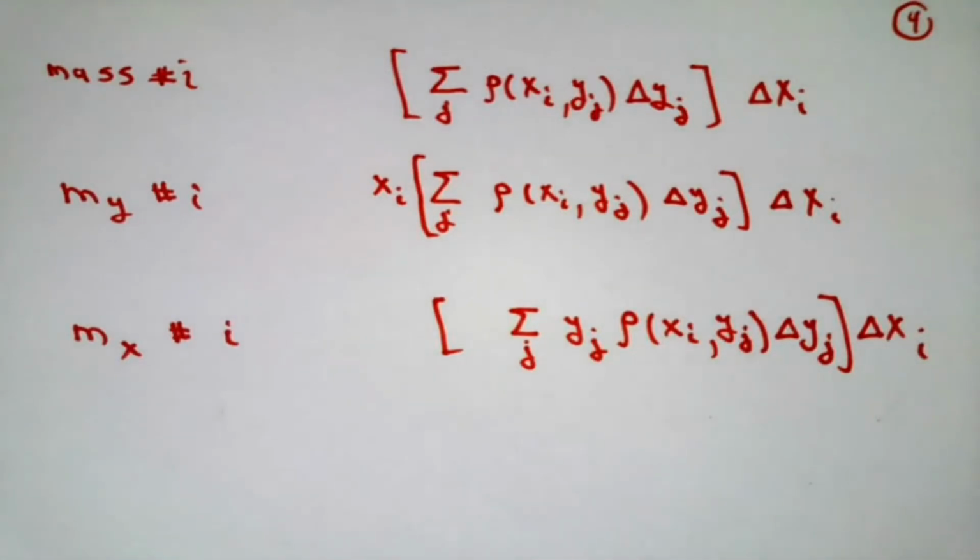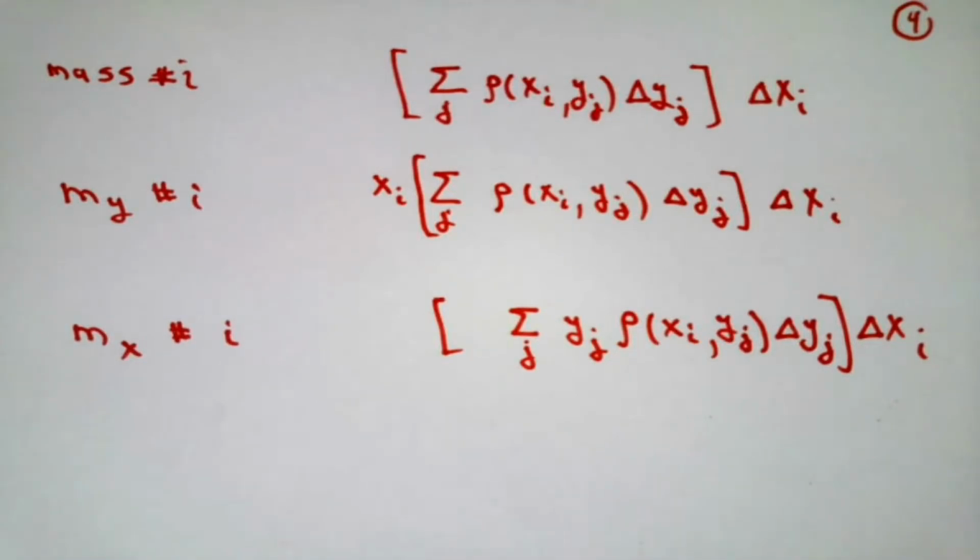In the mass, I can just factor out delta xi. In the m sub y, I can factor out an xi and delta xi. And in m sub x, I can factor out the delta xi. In that last one, I cannot factor out yj because j is an index of summation here.